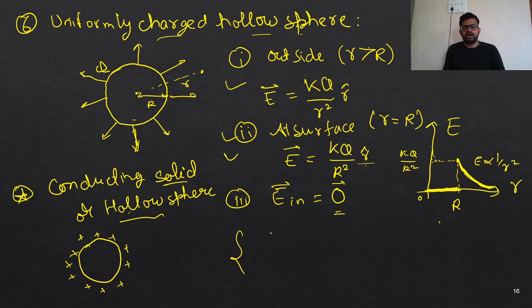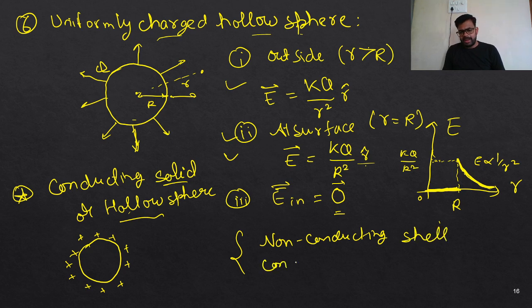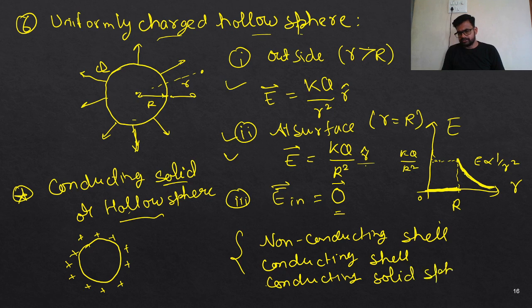So these formulas are applicable for what? Non-conducting shell or hollow sphere. After that, it is applicable for conducting shell or hollow sphere, and it is also applicable for conducting solid sphere.